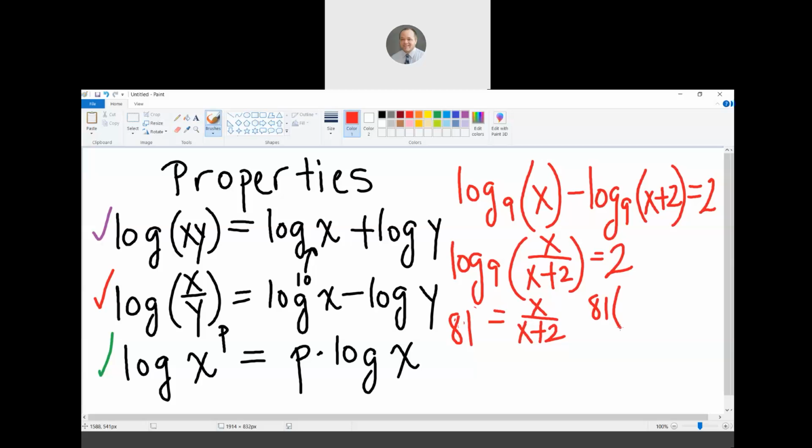Either way you do it, you get 81 times x plus 2 equal to x. So let's go ahead and solve this linear equation. We got 81x, and I'm just distributing the 81, plus 162 equal to x.